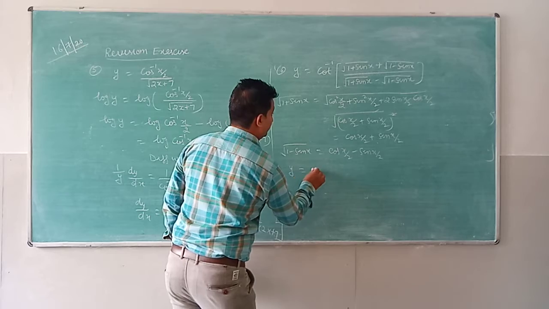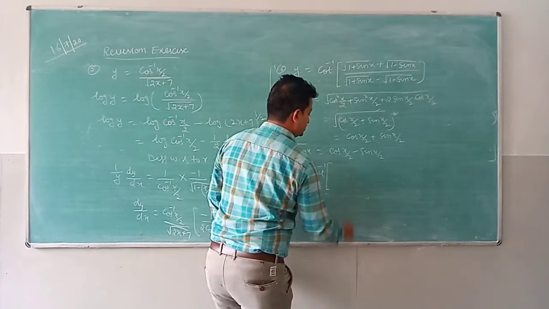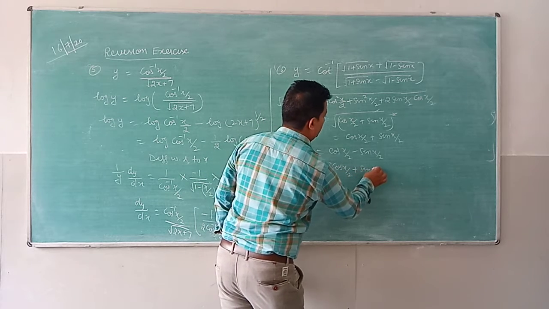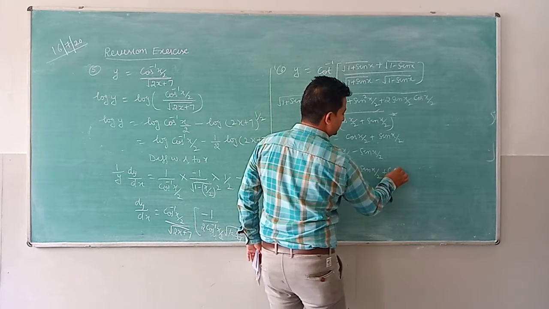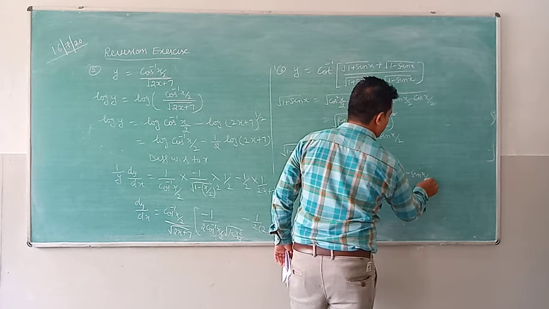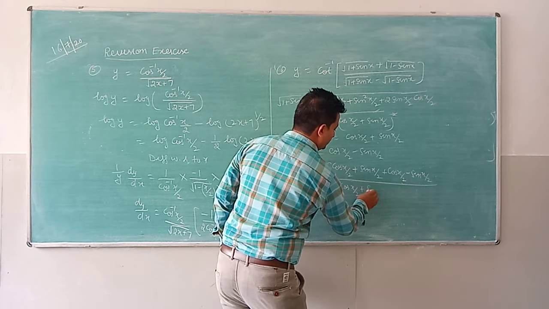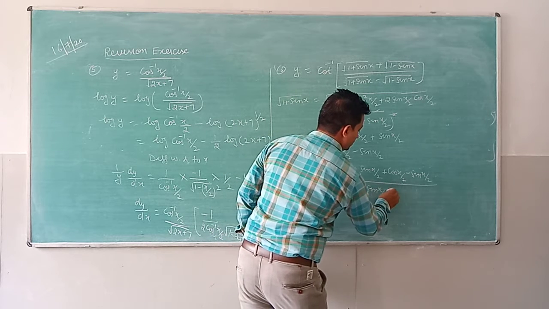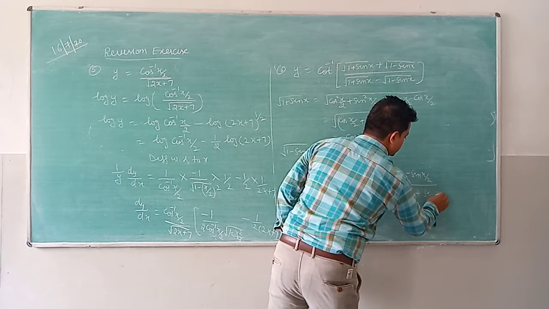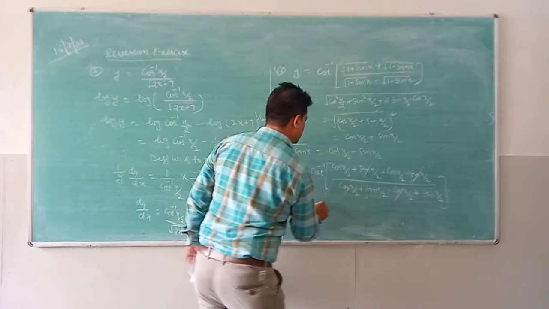When we put the values here, this is cot inverse of [cos(x/2) + sin(x/2) + cos(x/2) − sin(x/2)] upon [cos(x/2) + sin(x/2) − cos(x/2) + sin(x/2)]. This cancels out, this also cancels out.